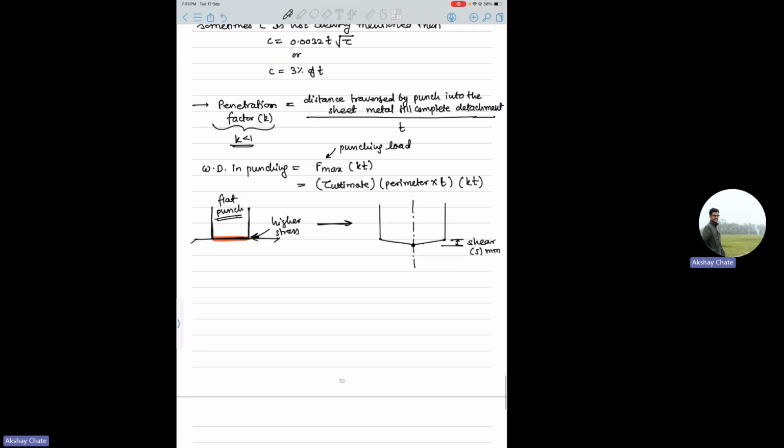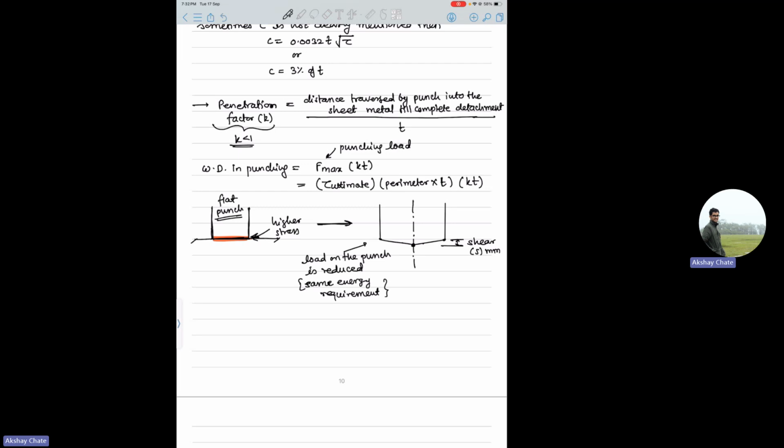So this shear helps in that the load on the punch is reduced, but it does not mean that you need less energy. For the same energy requirement, it's not that if you give the shear, the energy requirement reduces.